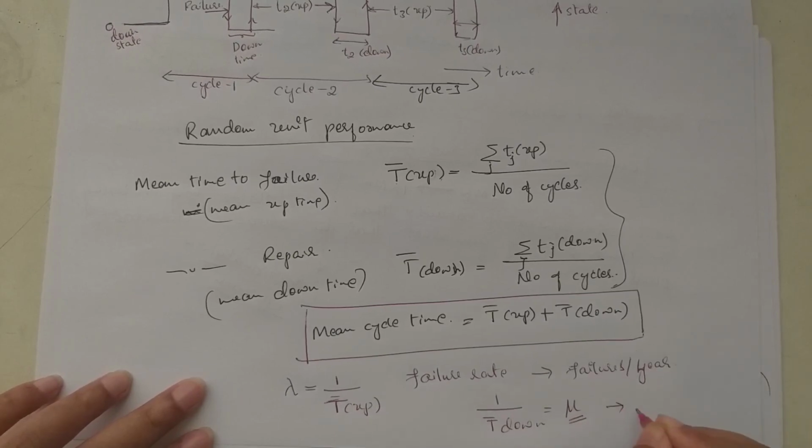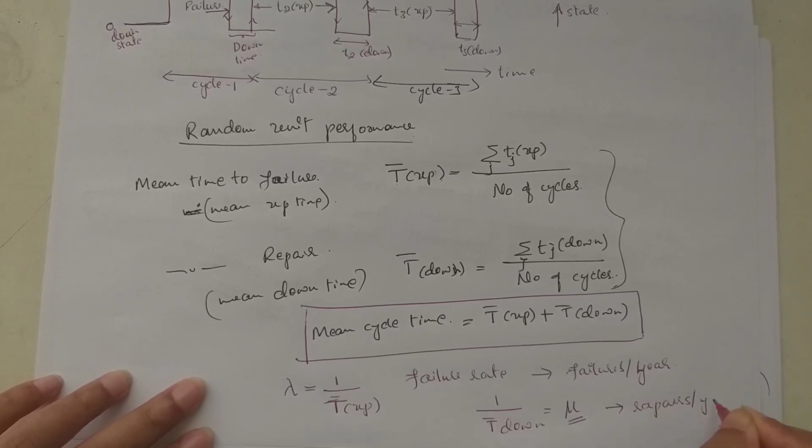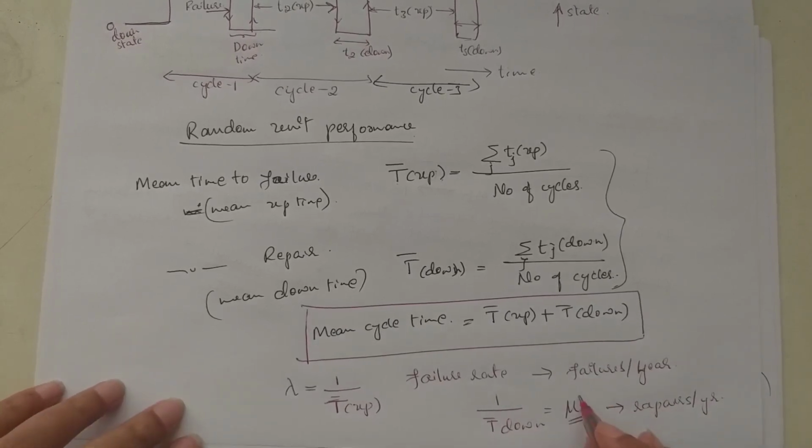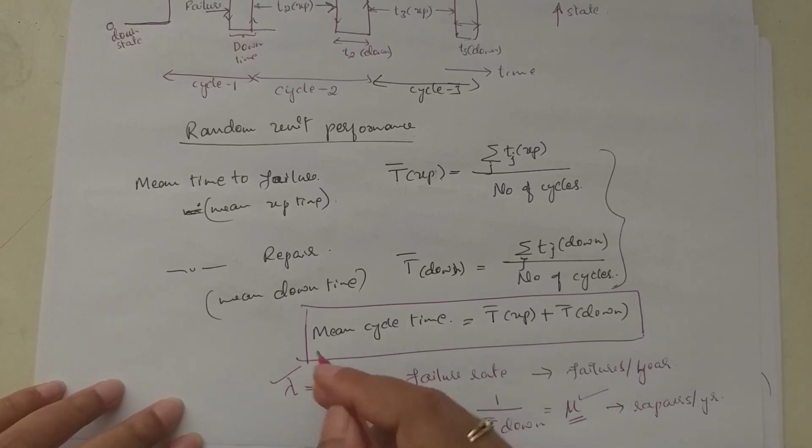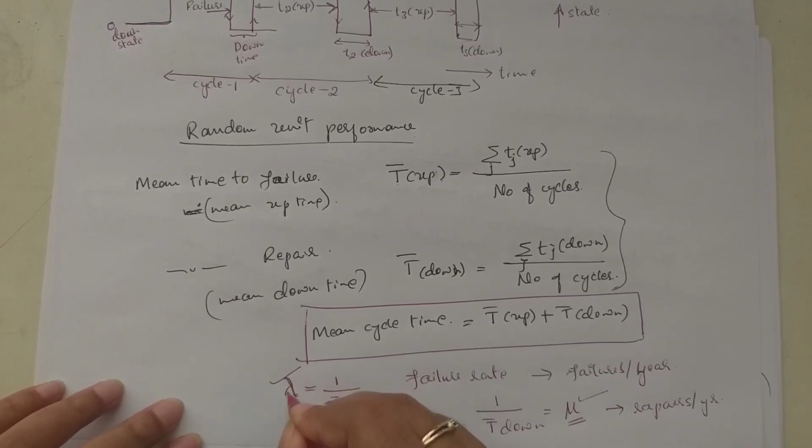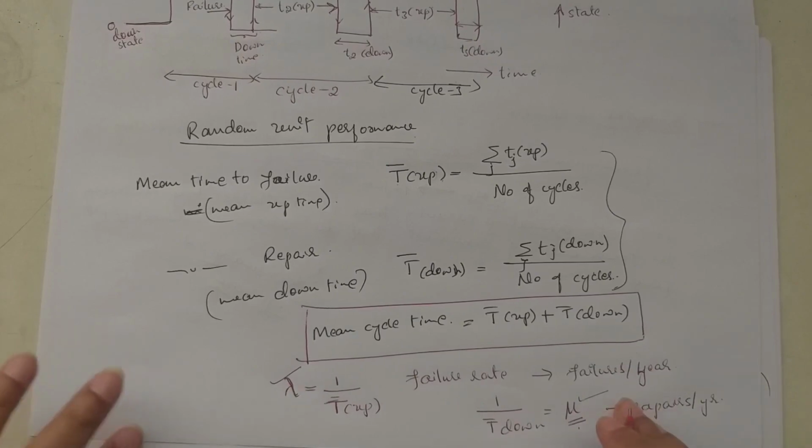The unit is repairs per year. The repair rate is indicated by mu, and the failure rate is indicated by lambda.